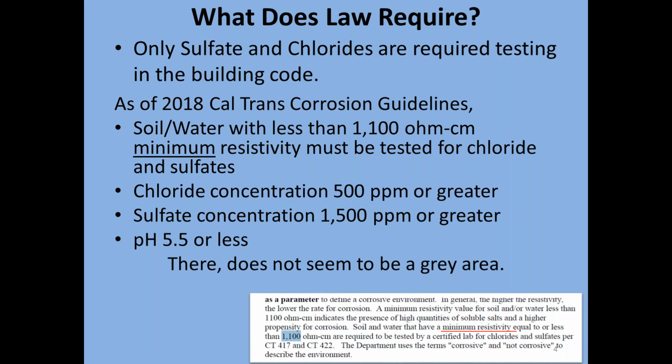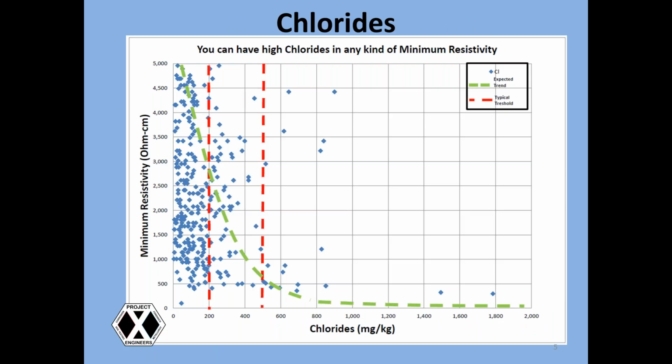All right, so let's see. And the funny thing about the corrosion guidelines offered by Caltrans is that there doesn't really seem to be a gray area. It's either corrosive or not corrosive, if you are at any of these thresholds. And there really should be a gray area. So here's an example.